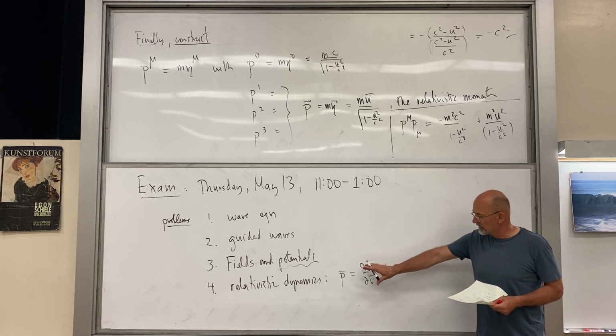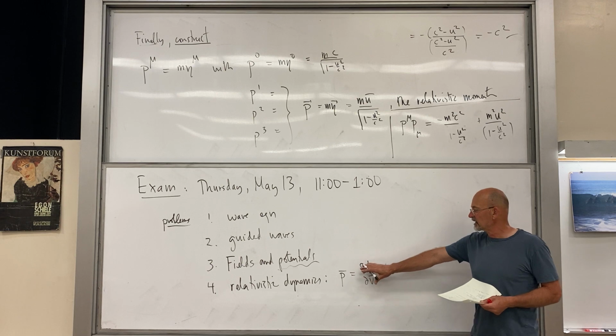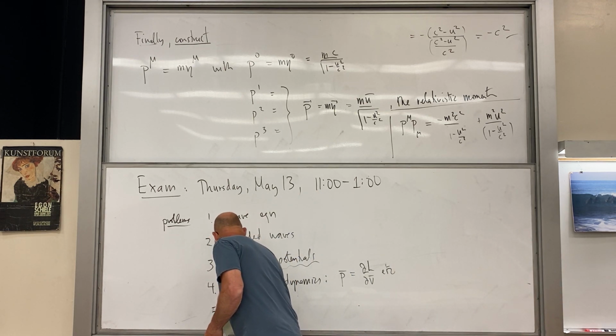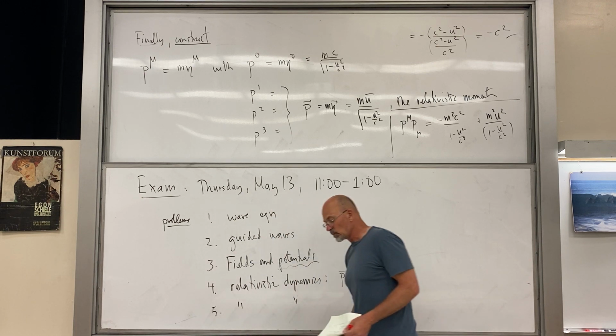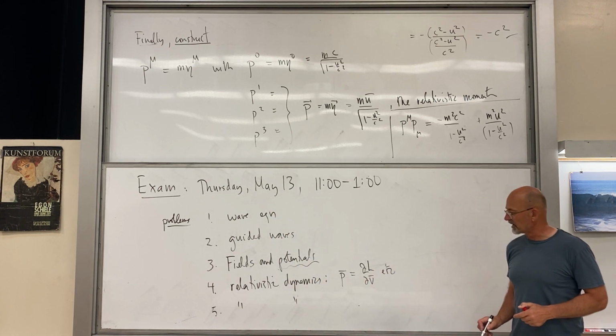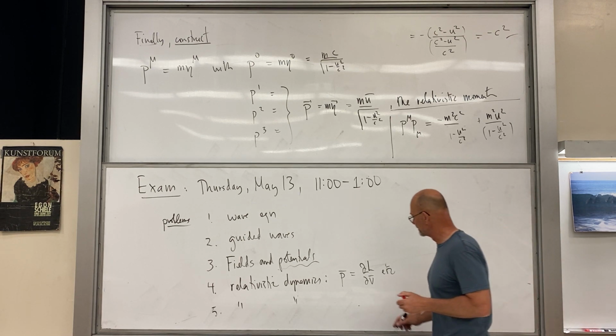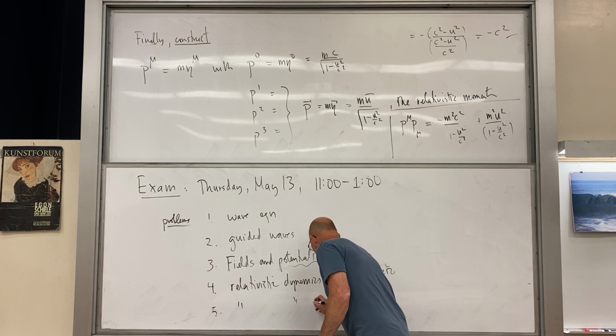So of the Lagrangian Hamiltonian relations, and then fifth we have one where it's some kind of conservation law, kinematic collision type of problem. Okay, so collision, conservation law.